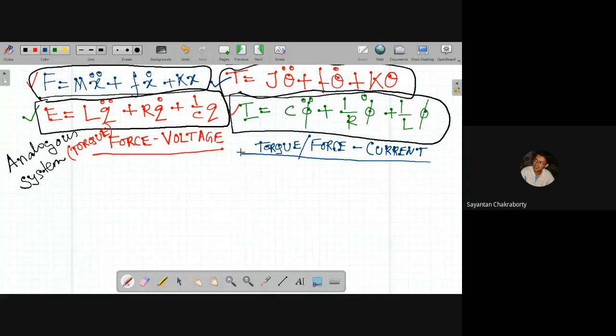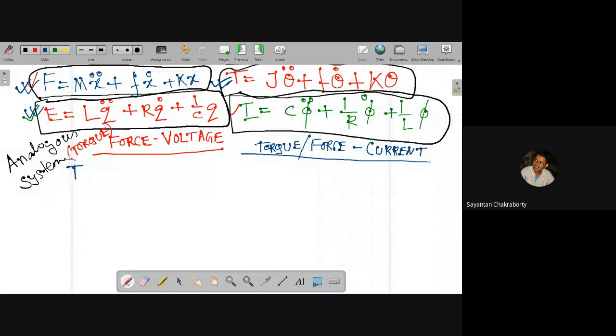Now, what you have to do, given a mechanical system, you know M, F, and K values, or J, F, and K values, you have to calculate corresponding L, R, and C values. Now, how can that be done? If you look at the equations, first of all, let us consider force voltage, or torque voltage analogy, right? So what is the basic forcing function?